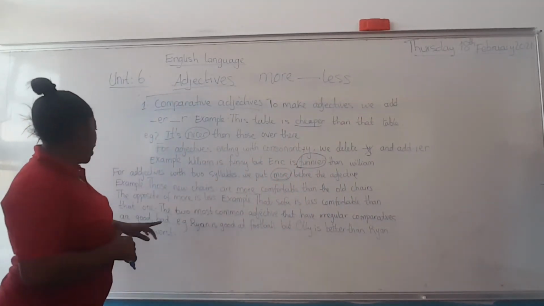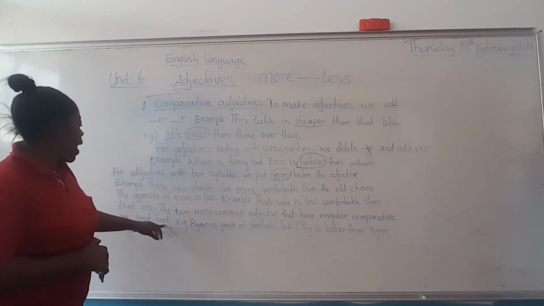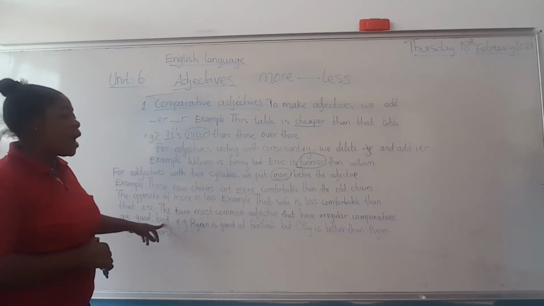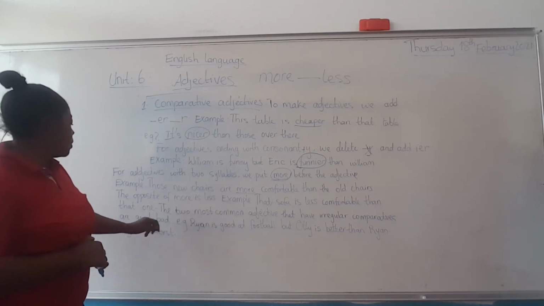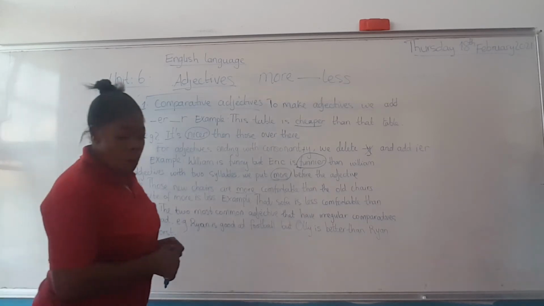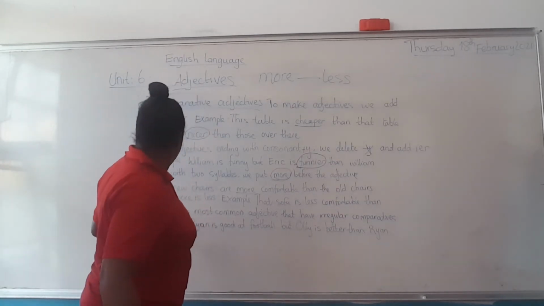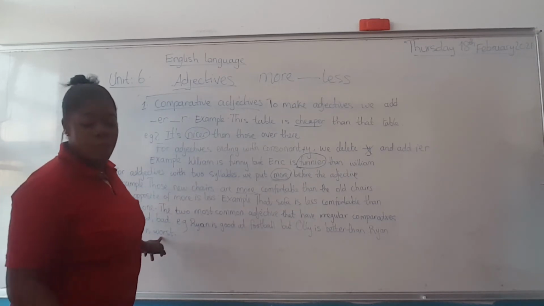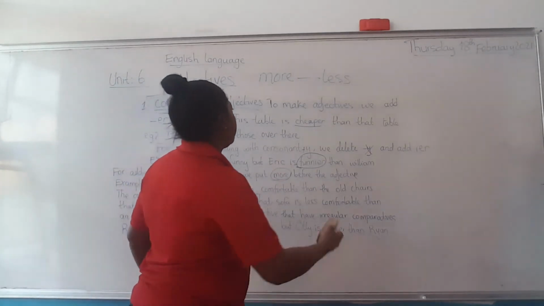And we have good and bad. Another irregular comparative adjective is bad. Everybody say bad. Bad. The comparative form of bad is worst. Everybody say worst.